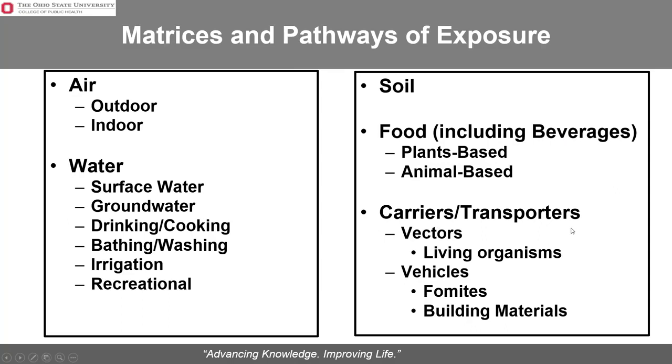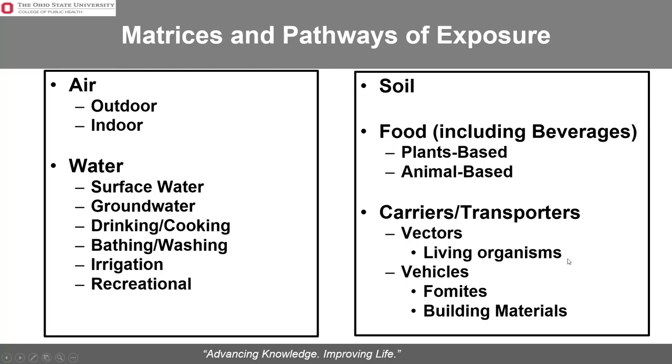I've added a 5th category, if you will, of a matrix that can contribute to pathways of exposure. The first being vectors, which are living organisms that can be a means of transporting an infectious agent, for example, such as West Nile virus, from a contaminated host to a receiving person who then gets bitten, and then the virus is transmitted to the receiver.